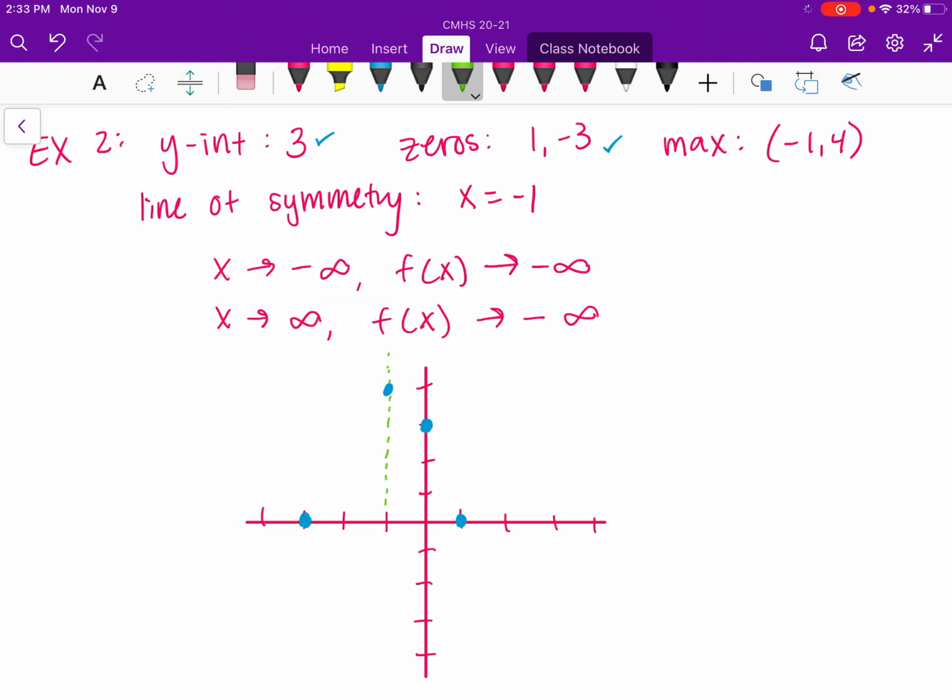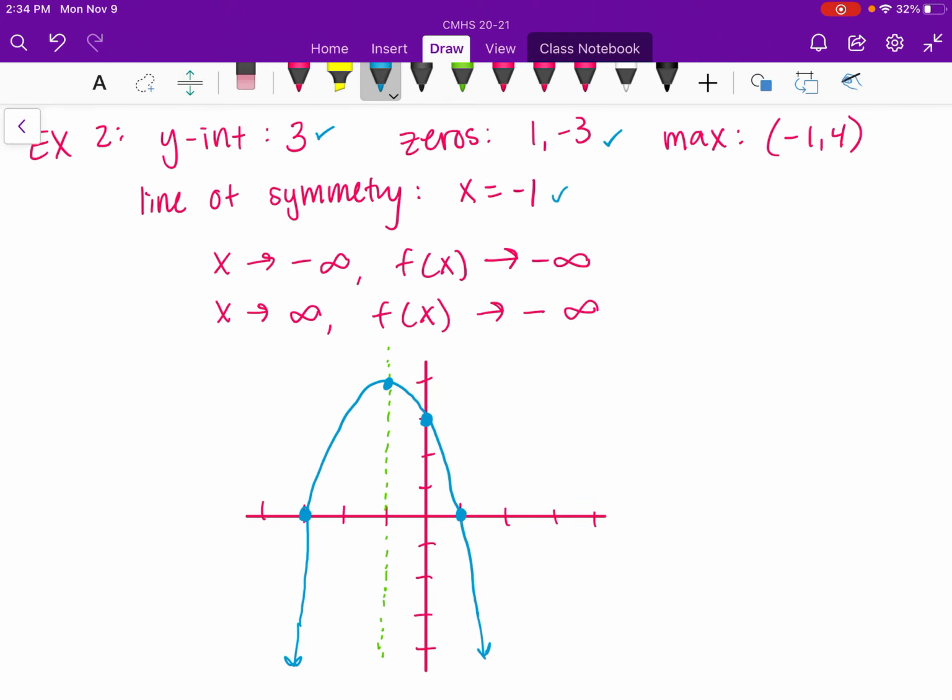So remember, line of symmetry is where we fold the graph in half and it looks the same on both sides. And here, the graph will be going downwards. So we can go ahead and make our shape. Just follow the outline, and it checks all the boxes.